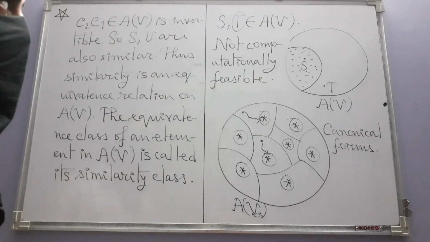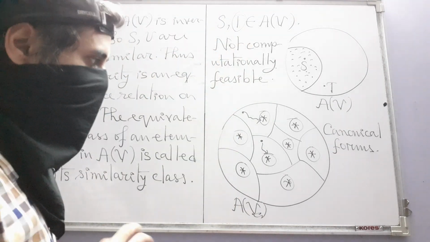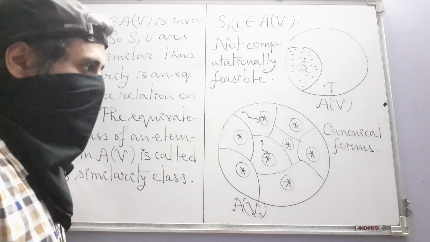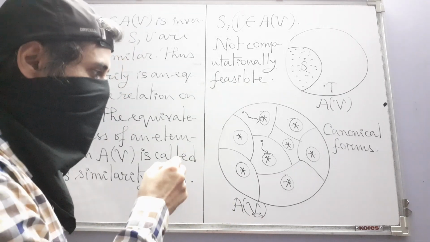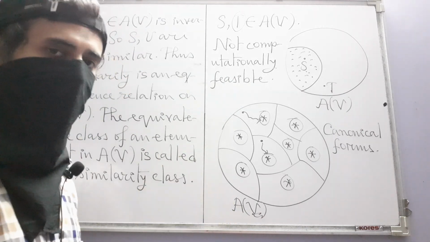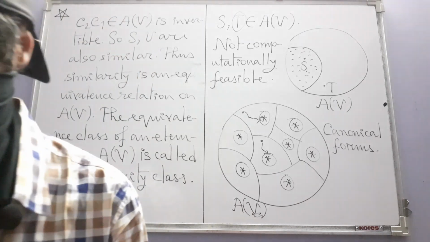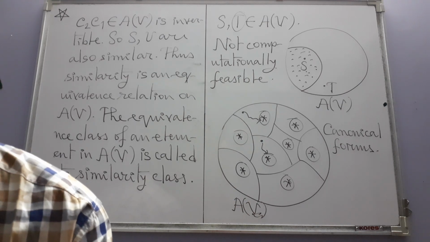So to answer the question of whether two given operators are similar or not, what you do, you compute their canonical forms. If the canonical forms are the same matrix, then they are similar, otherwise not. Now there are many canonical forms, but in this text we are going to see only 3.